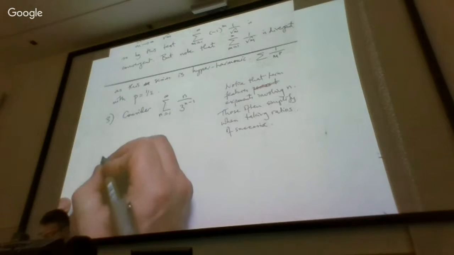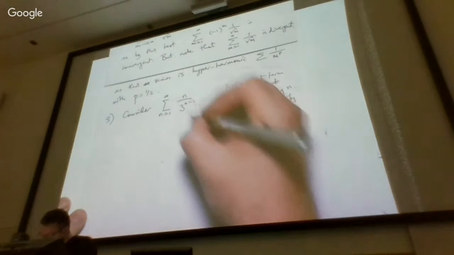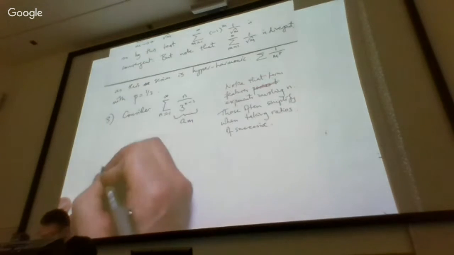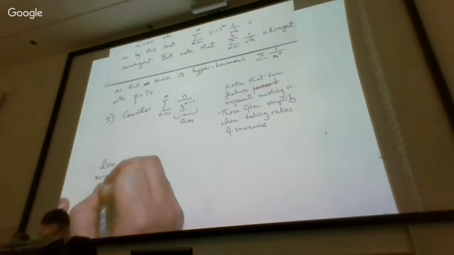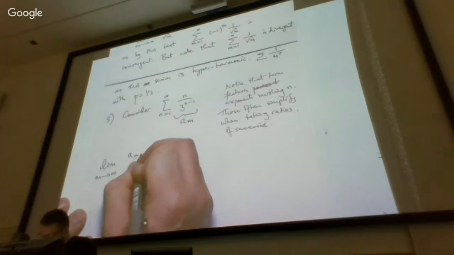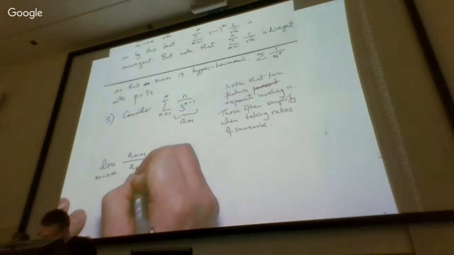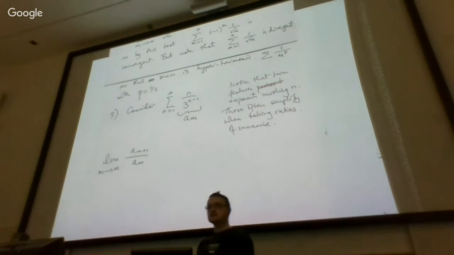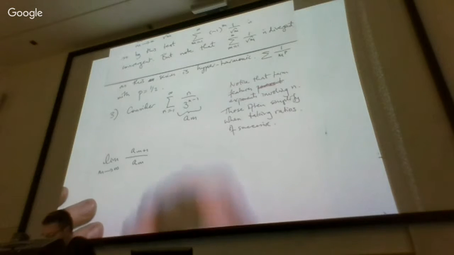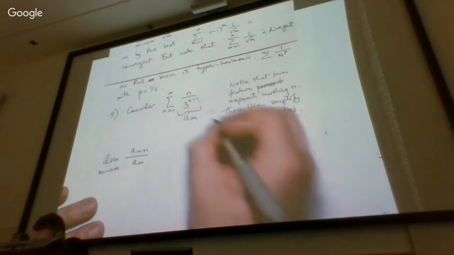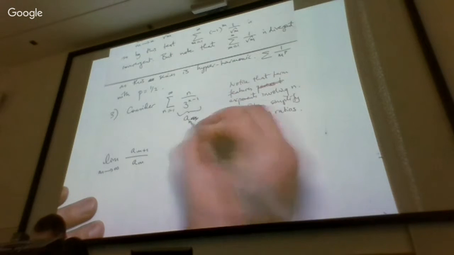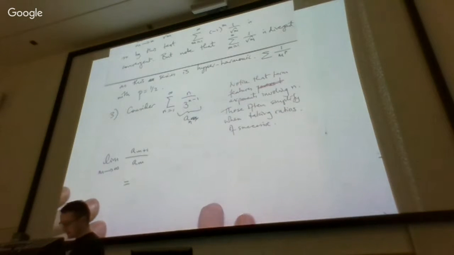So this whole thing is our a_m. Let's look at the limit as n goes to infinity of a_{n+1} over a_n, the ratio of successive terms. I keep changing my index variable.